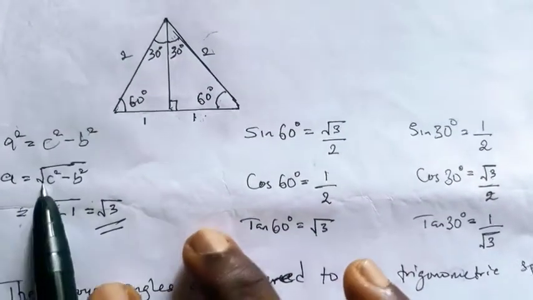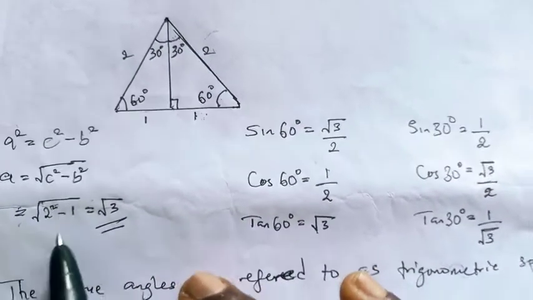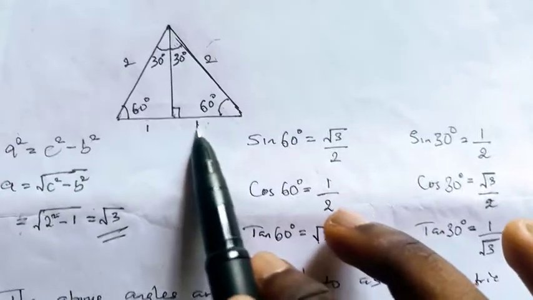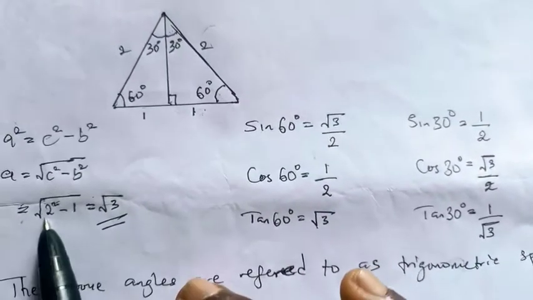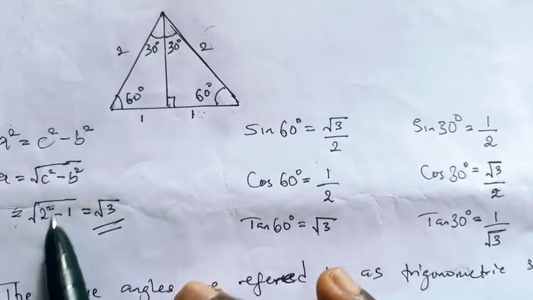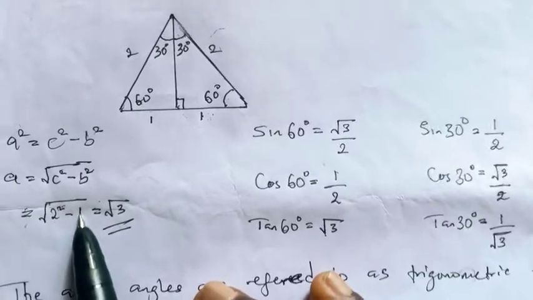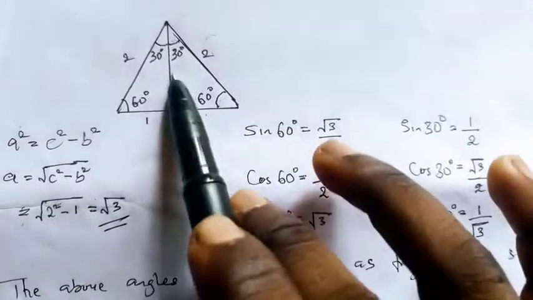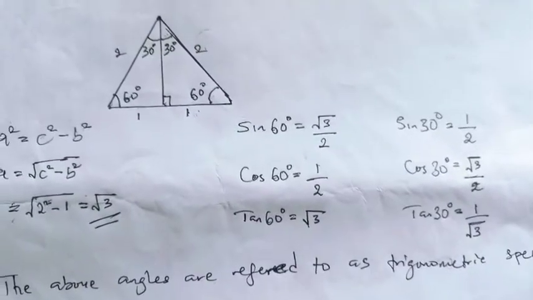And I know what c is, which is 2 and square. And I know what b is here, which is my 1. So 2 square is 4 minus 1, and that is 3. So I have this side to be the square root of 3.